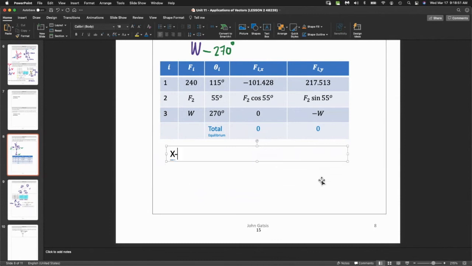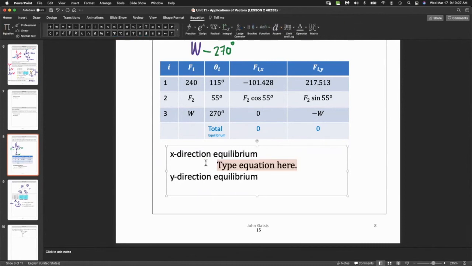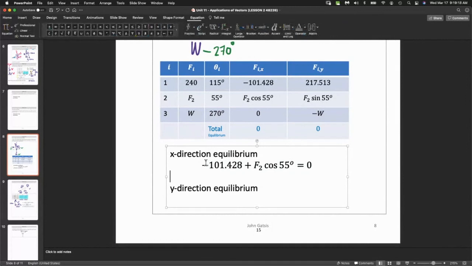So if you do the x direction equilibrium, and then later you do the y direction equilibrium, you get the following. In the x direction, you get negative 101.428 plus F2 cos 55 equals 0, which tells you that F2 equals 177 pounds.